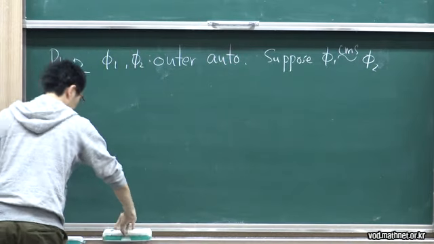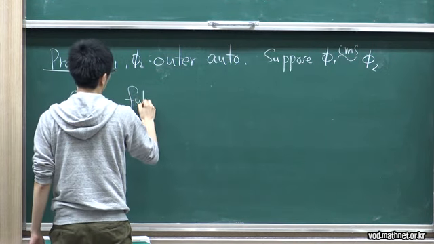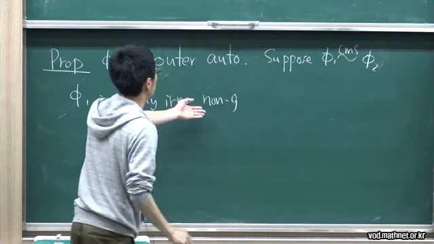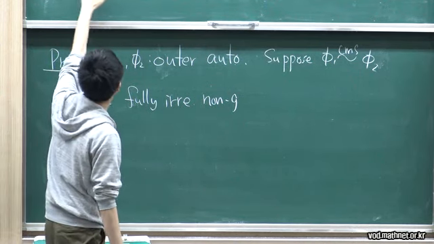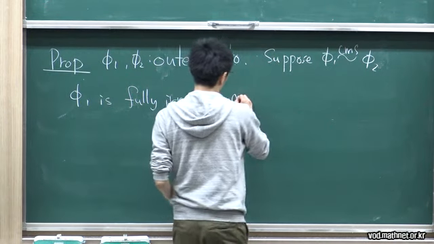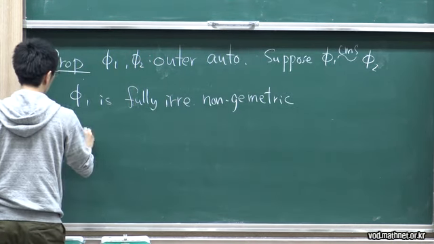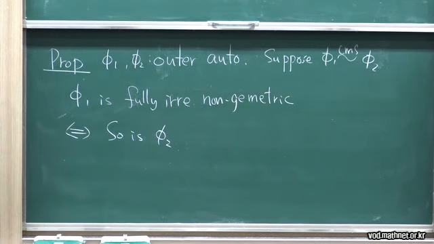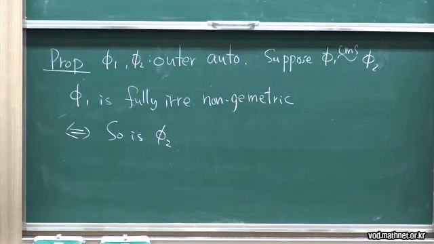Then phi1 is free irreducible and non-geometric, where non-geometric means that we cannot find any surface with a corresponding mapping class, if and only if so is phi2. So the property of being free irreducible and non-geometric is preserved under taking covering.